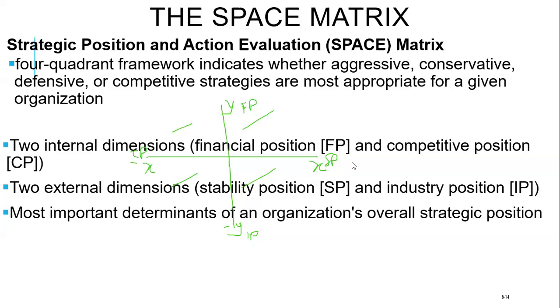So who can tell me, if a company is rated -7 compared to a company rated -1, which one has a weaker competitive position, and why? Based on what I just said.